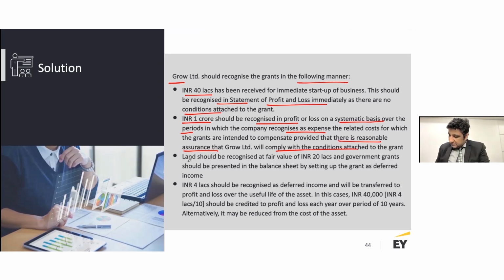The land, which is the grant received in kind, is recognized at its fair value, and accordingly, you show a deferred income for that. And finally, 4 lakh rupees is recognized as a deferred income and will be released or transferred to the profit and loss account over the life of the asset. Alternatively, you have a choice to reduce the cost of the asset in this case.